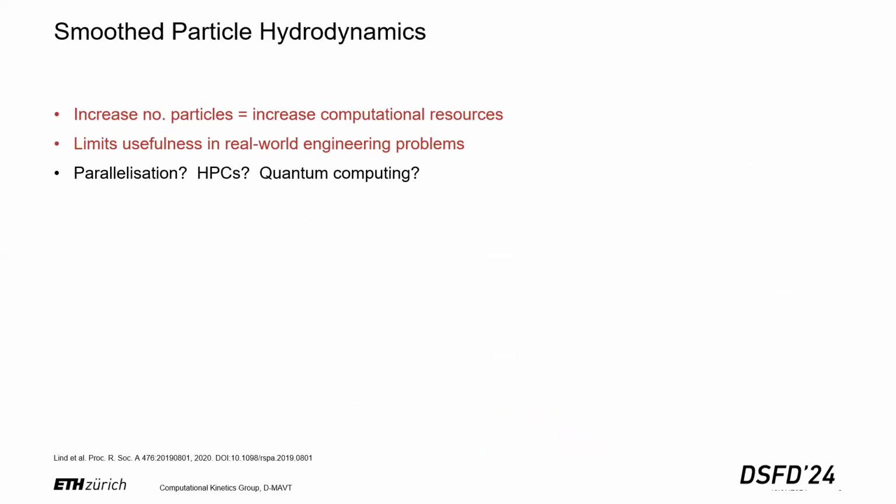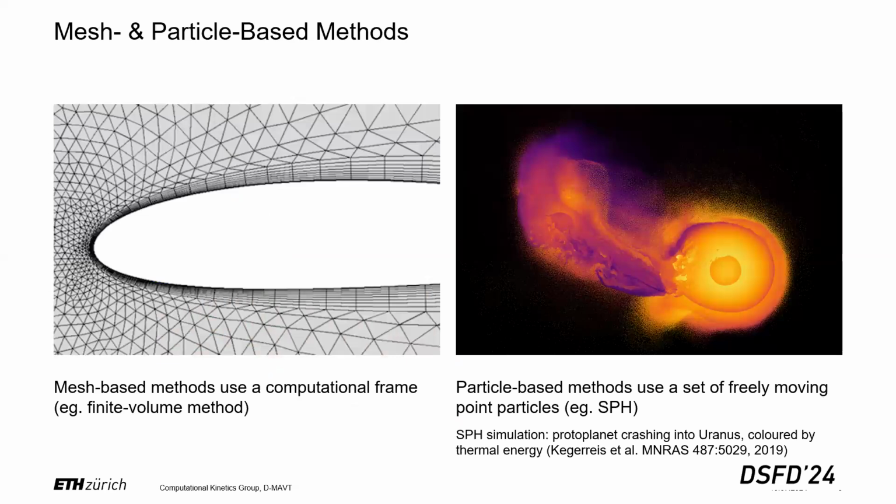Now, the problem is, when we use SPH, we need to use a lot of SPH particles to simulate problems of practical interest. Like in the astrophysics example I showed earlier, that figure required about 100 million SPH particles to calculate.